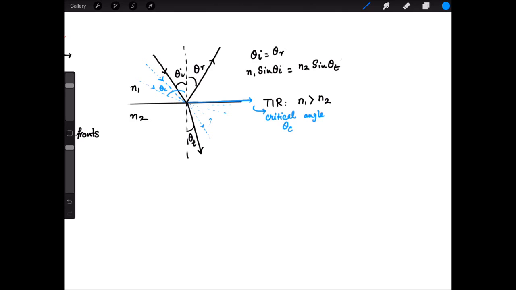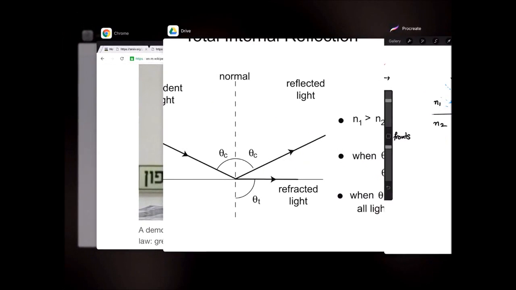And for angles which are greater than the critical angle, you would have the ray going back into the medium it came from. And in that case, the law of reflection would hold. So for angles which are greater than theta c, light goes back to medium 1, which is shown here.